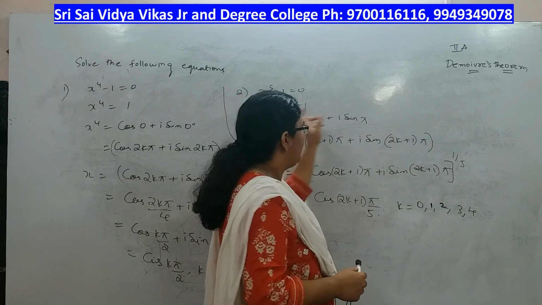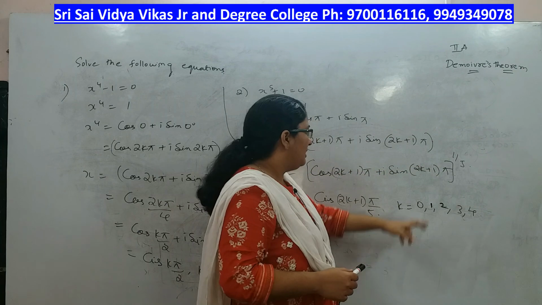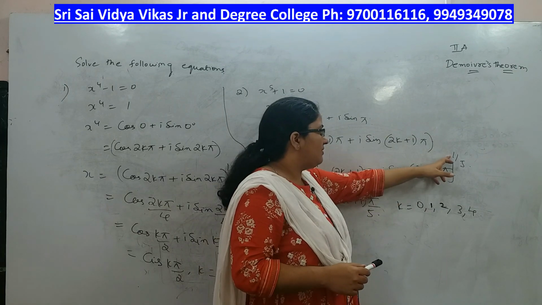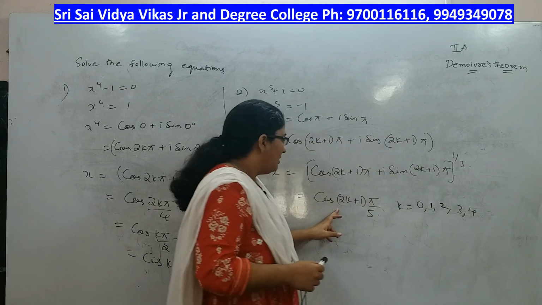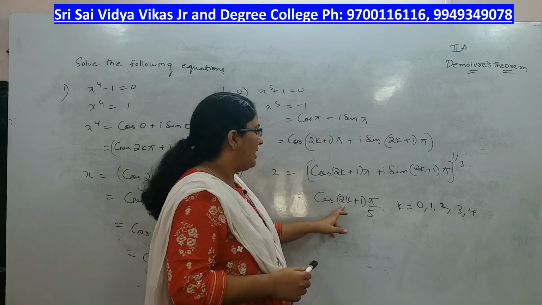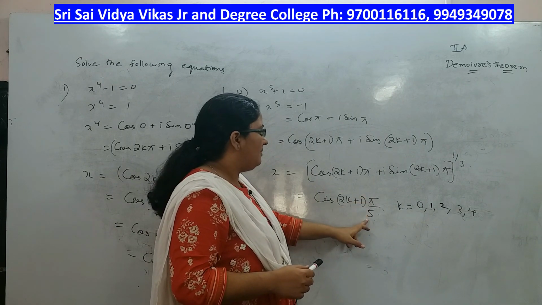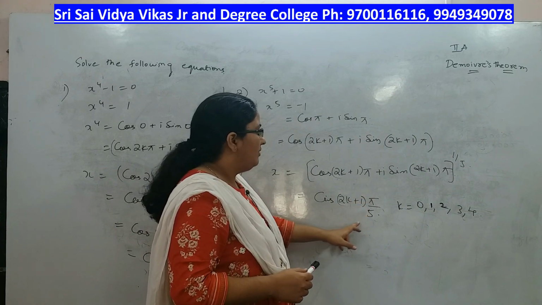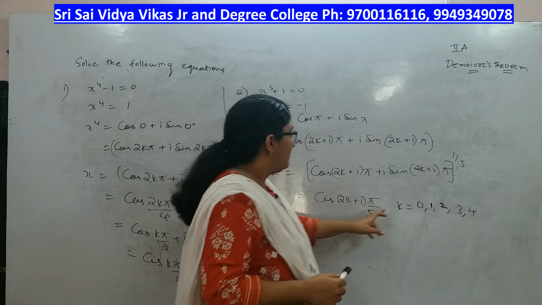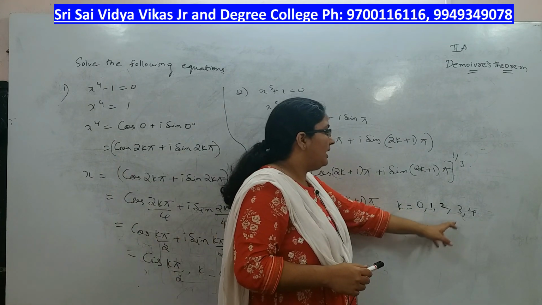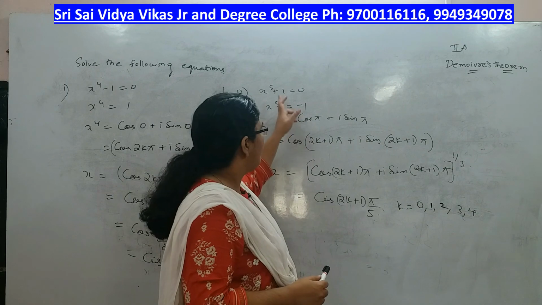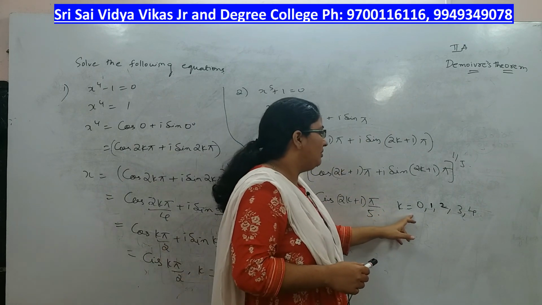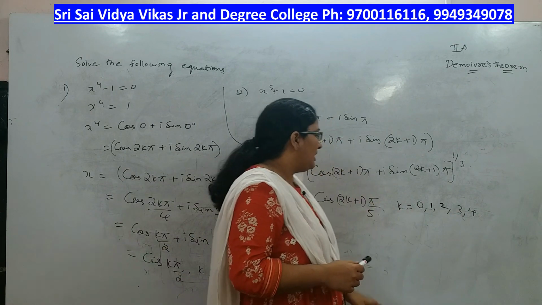Now this 5 comes here, it will become 1 by 5. As per De Moivre's theorem, this 1 by 5 will come down to cis (2k plus 1) into pi by 5, where k values are 0, 1, 2, 3, 4. Because 5 values are there, we will take from 0 to 4. That's about this problem.